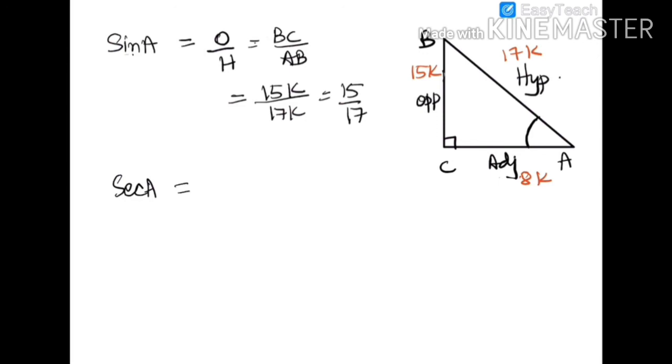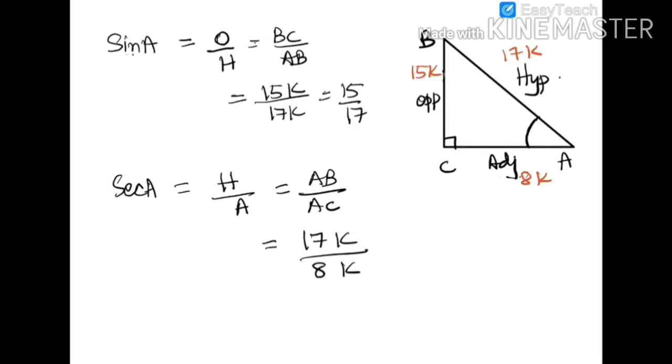Sec A will be hypotenuse upon adjacent side. So hypotenuse is AB, adjacent side is AC. So that is equal to 17K upon 8K. K gets cancelled. We get 17 on 8.